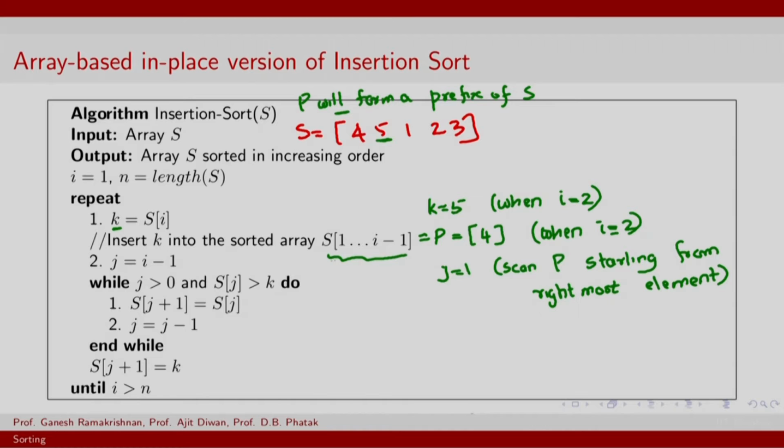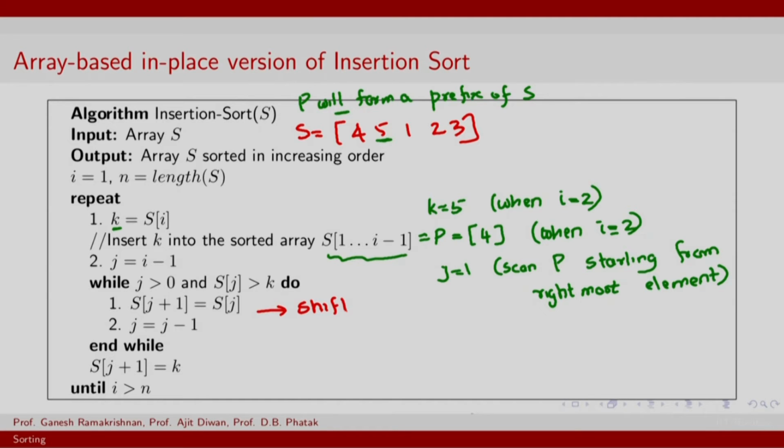So as long as you have not hit the leftmost index of S or P basically, so while j greater than 0, and till a point where you find that the jth element of S turns out to be greater than the key, you basically keep shifting the elements of S or P. Why are we doing this? So let us understand with respect to the example.